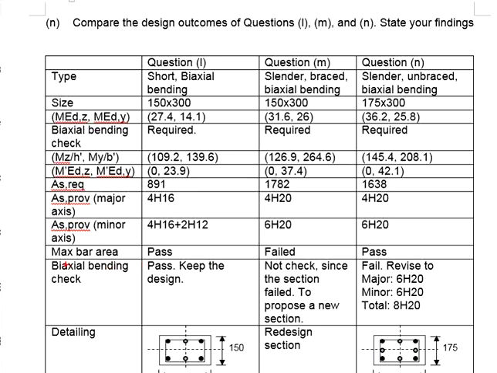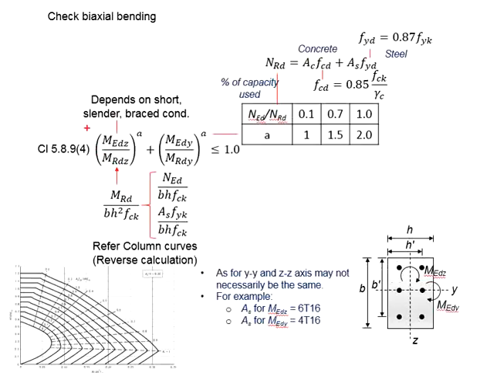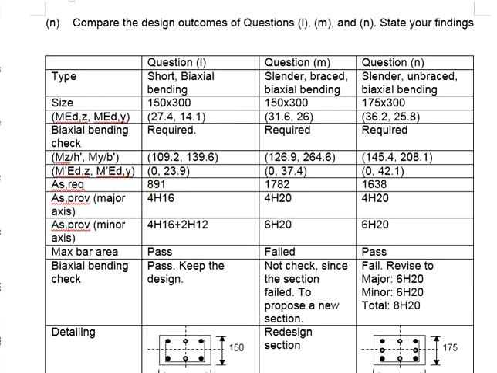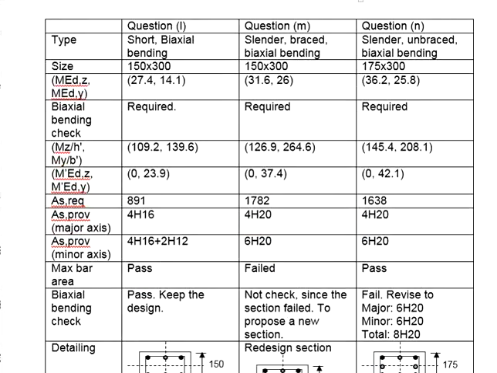Later, you are going to check again for the biaxial bending using this equation. Based on the column design chart, these are the AS required. Therefore, you're going to propose the relevant reinforcement, which for the short column with biaxial bending, you will need 4H16 plus 2H12.